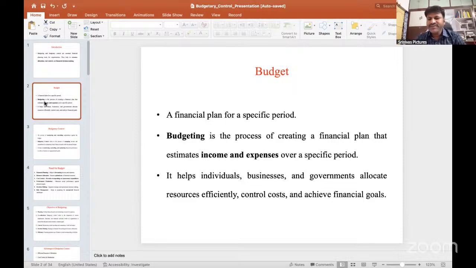It helps individuals, businesses, and governments allocate resources effectively and efficiently, control cost, and achieve financial goals. Simply, we can say it is a blueprint of the organization's financial plan.